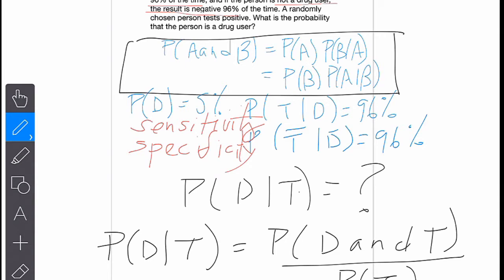Remember, what I'm doing is going to the subpopulation, just the people who tested positive, and out of them, what's the chance of having seen both the positive test and the disease? Now, I don't have that information, but I can expand this using the other version of this formula, meaning putting D as a condition. So I'm going to expand that. Can you see?